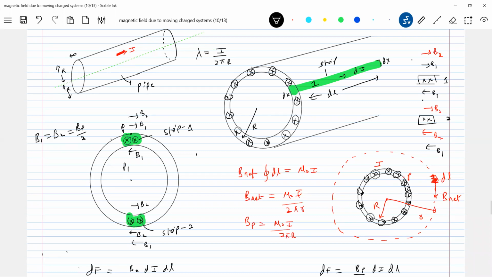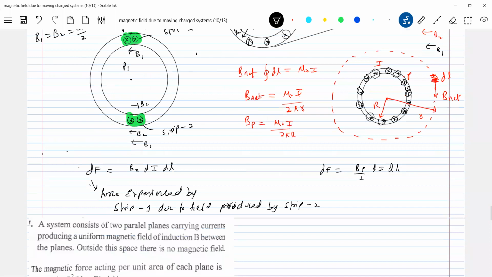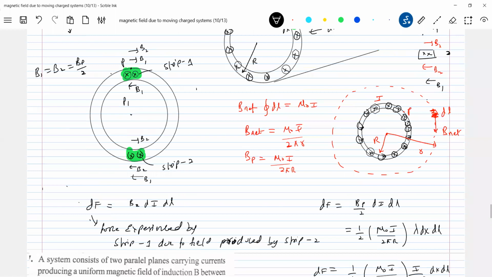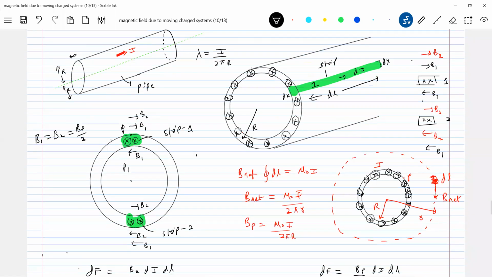Now di I can write as BP times 1 by 2, where BP is mu naught I by 2 pi r. Di is lambda into dx, and this is dl. So further, 1 by 2 mu naught I by 2 pi r, where lambda is I by 2 pi r, times dx dl. Dx into dl is the area of the strip.